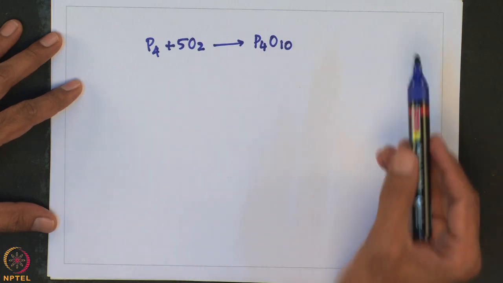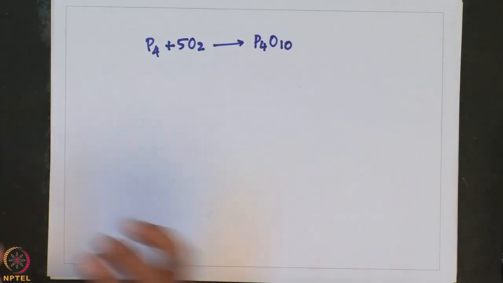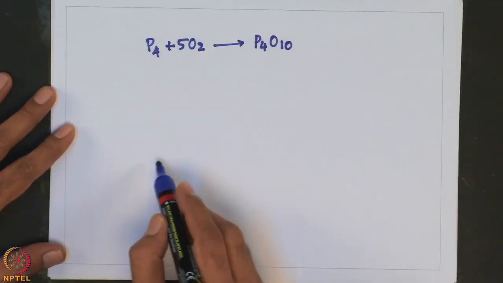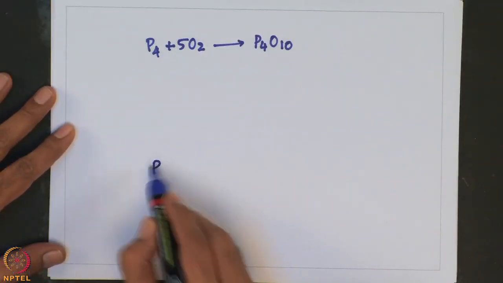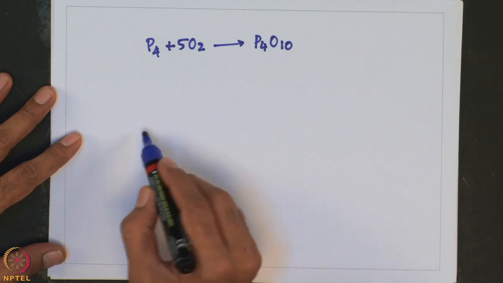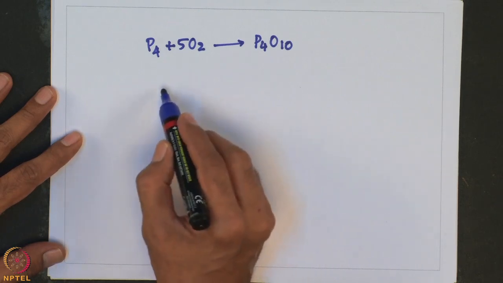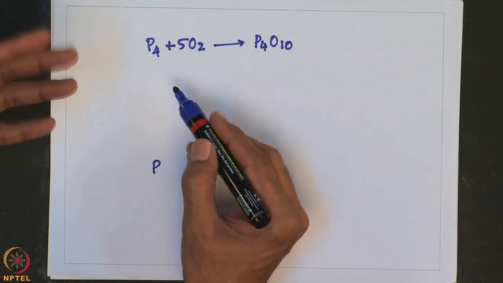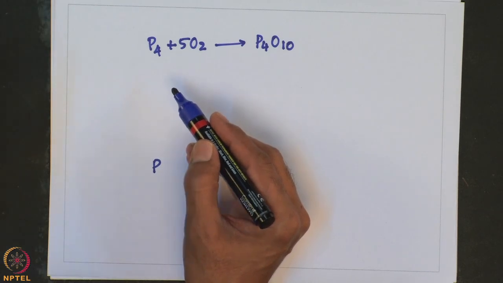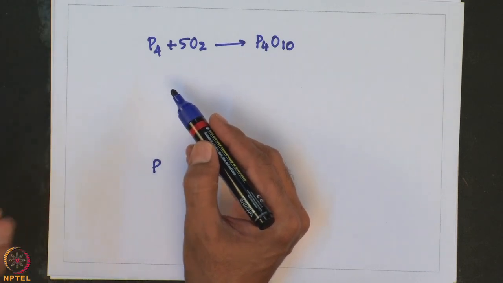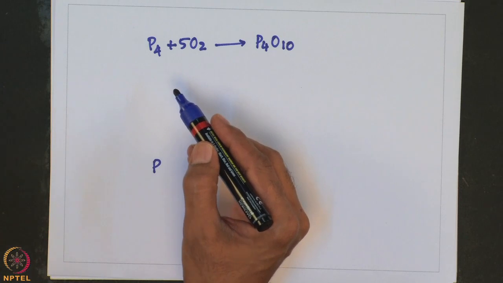Okay. And in the vapor phase, phosphorus pentoxide contains P4O10 molecules with structure having this kind of shape. Again, this is very similar to P4O6, except for the fact that phosphorus do not have lone pair and each phosphorus has a terminal double bonded oxygen.